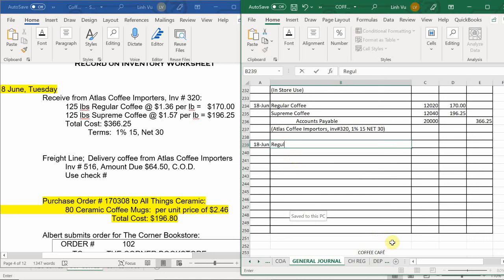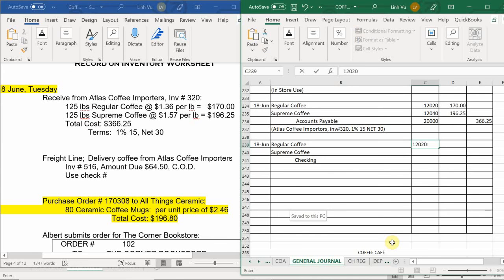So in this case, regular coffee and supreme coffee, and checking. Yes, because we have to pay, right? COD. They will not give us our coffee if we do not pay. Okay, so there you go.